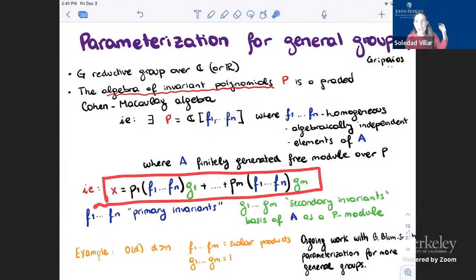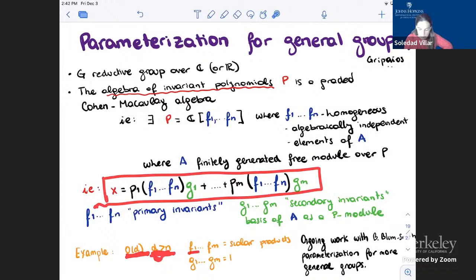And what I just did before for the orthogonal group is just saying that for the orthogonal group and D greater than N, and this D greater than N is just a technical thing because we want the decomposition to be unique, but if you don't want uniqueness, you don't care about that.